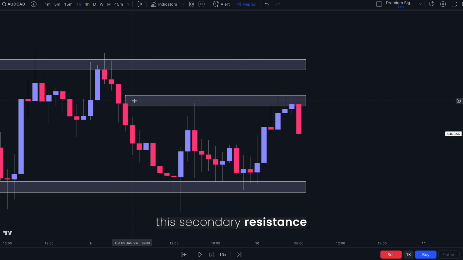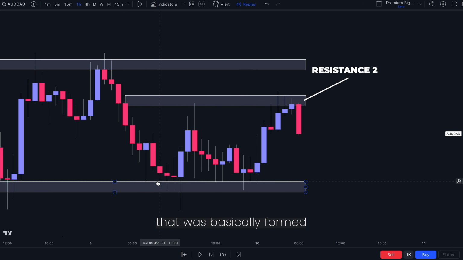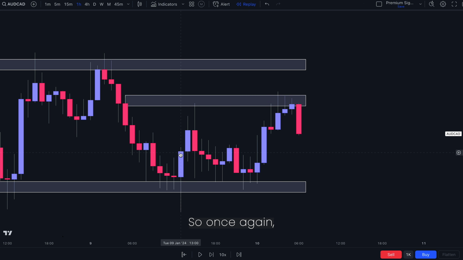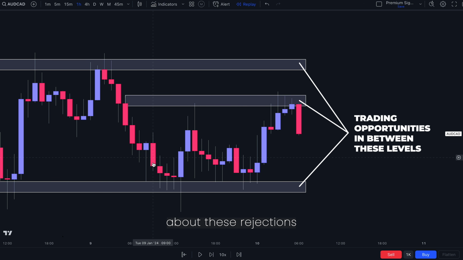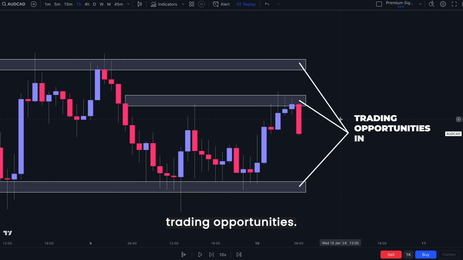Moving on, we have this secondary resistance that was formed more recently in between the main resistance and main support. Once again, we can really tell that the buyers tried to break through, but it was rejected multiple times. And when I talk about these rejections of the support and resistance levels multiple times, it means that the market is creating trading opportunities.